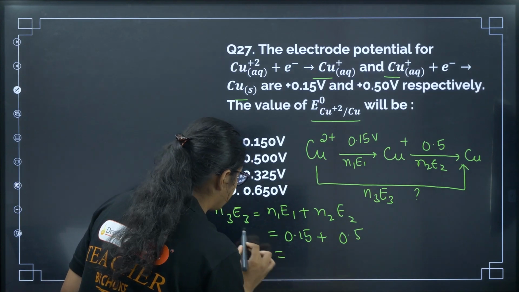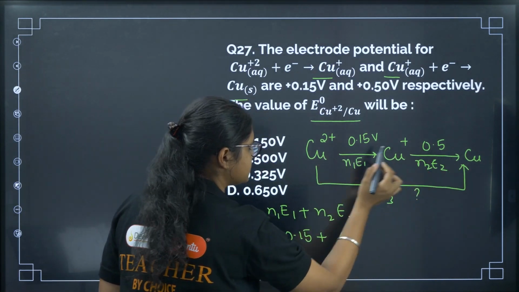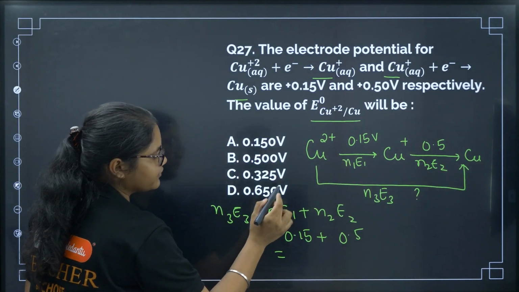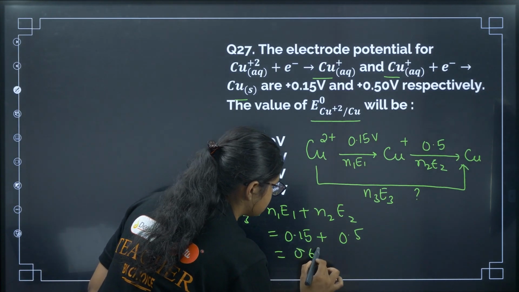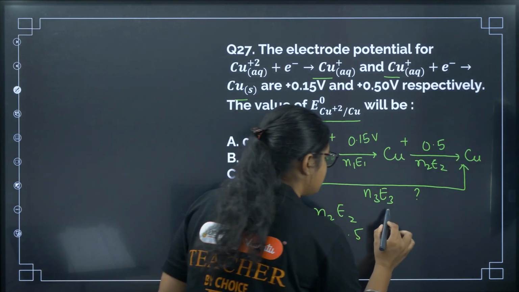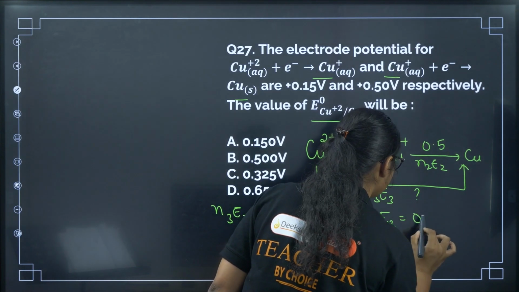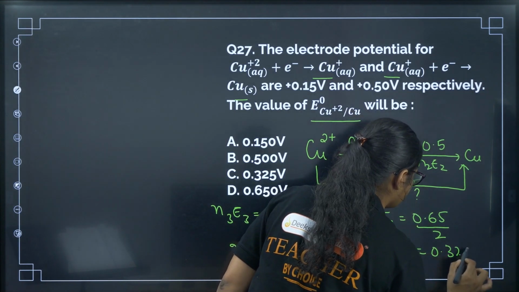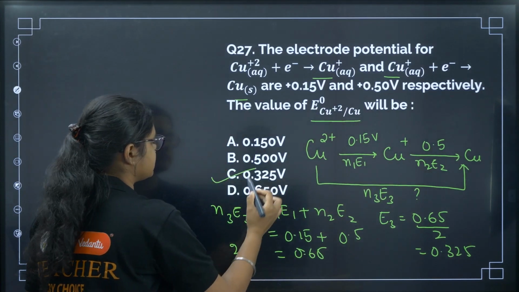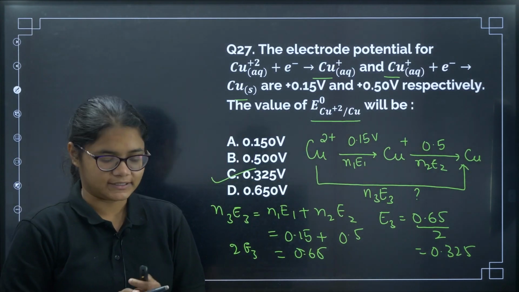Then if I add this, and what is the value of n3? Here +2 to 0, so value is 2E3. So that is equal to 0.65. Now if you calculate E3 value, it will be 0.65 by 2. So that is equal to 0.325. Okay. So the correct answer for this question will be option number C.